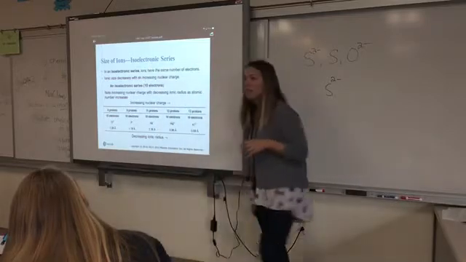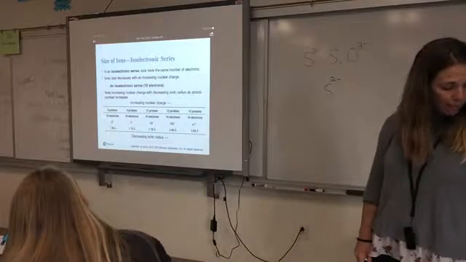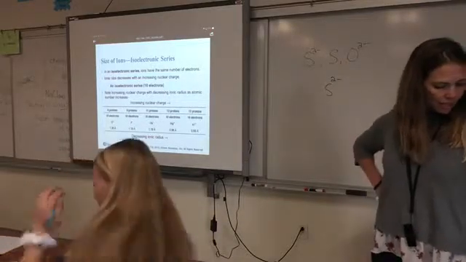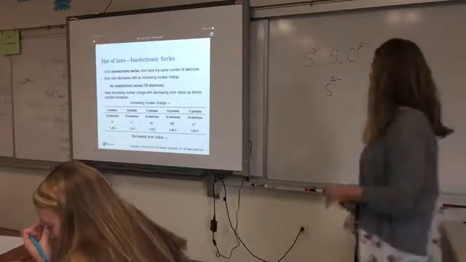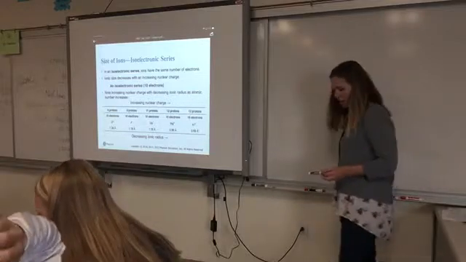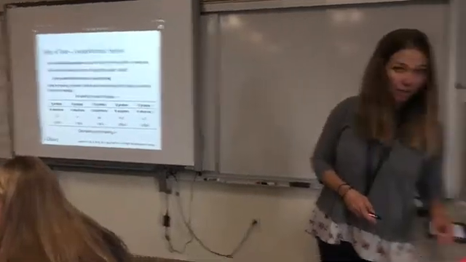All right, now again, you're going to do a sample problem. Go to 267. And we'll look at the sample problem on that page. And then you'll do the practice exercise. But let's do the sample problem first.